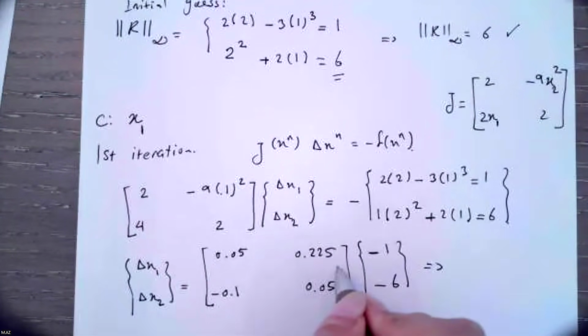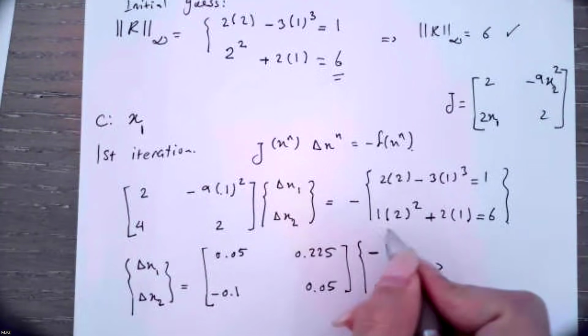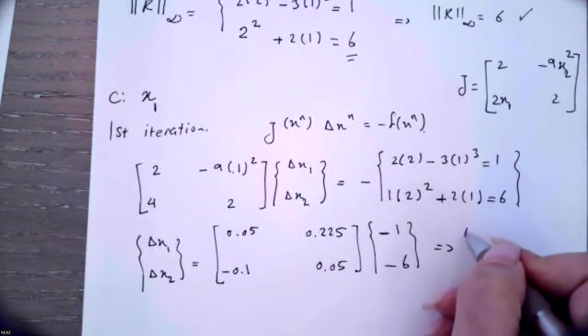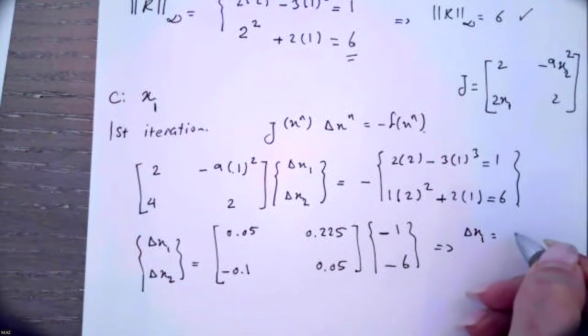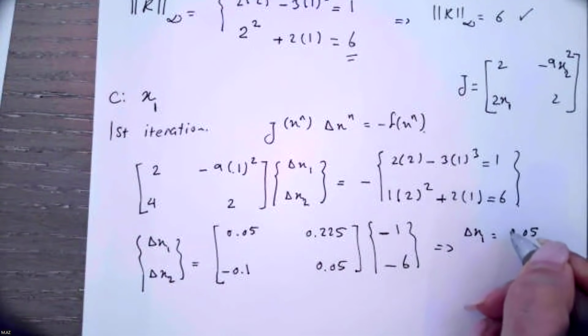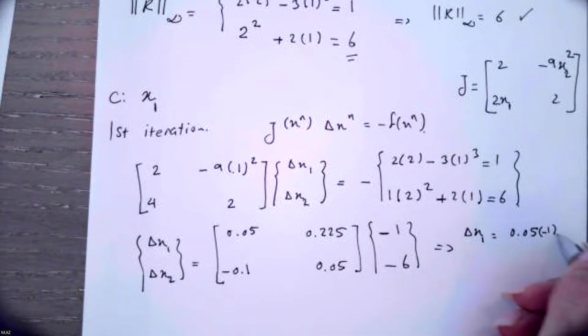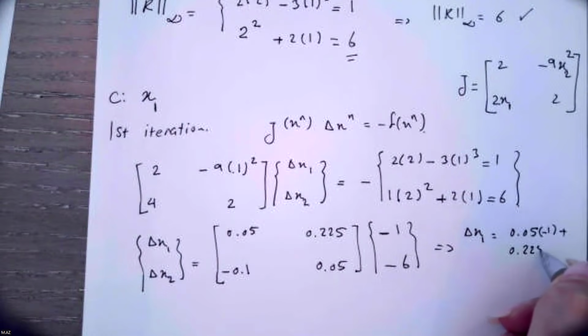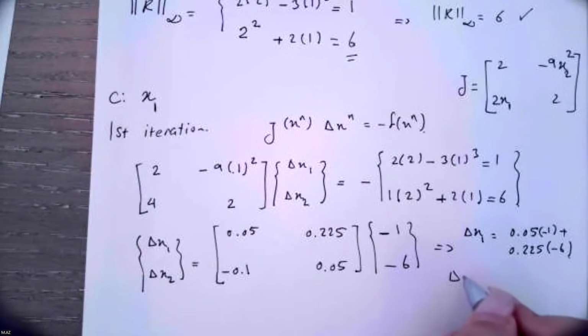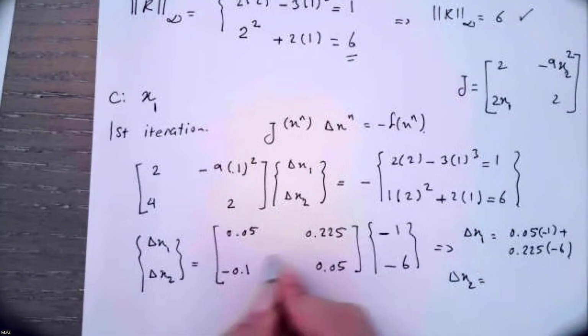Once we solve this one, the first row times the column is equal to delta x1. This is about the delta x1 and delta x2, second row times this vector.